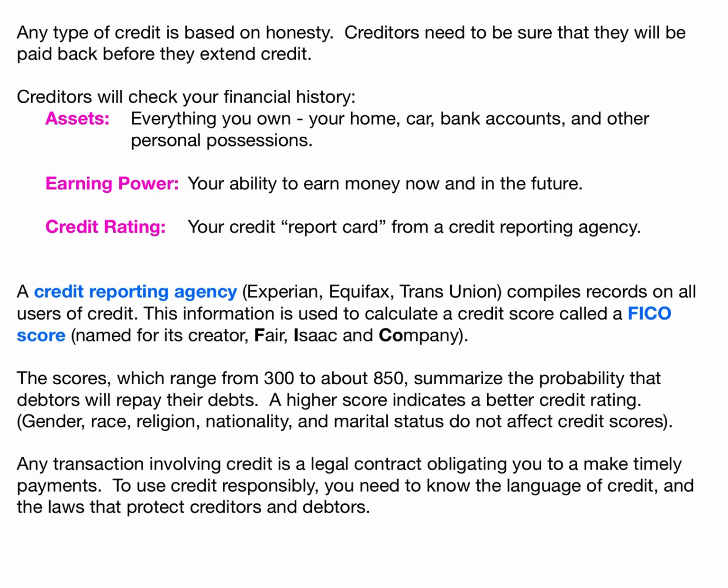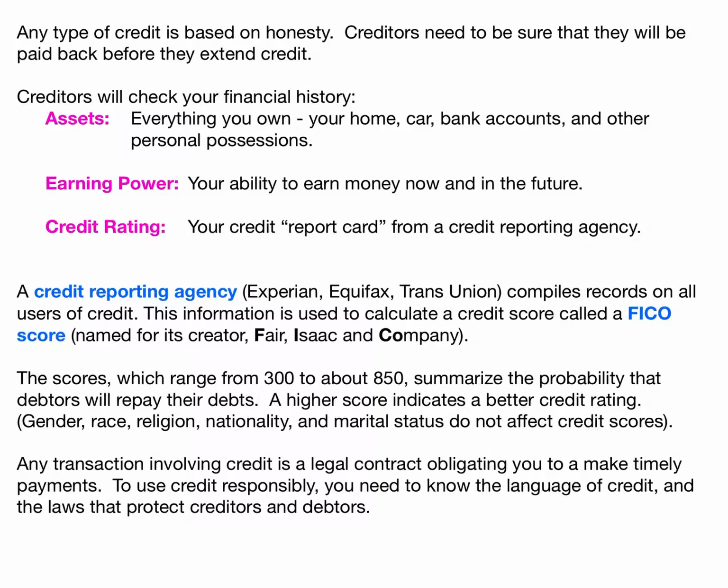And then there's also the credit rating, which is your credit score or your credit report card that is issued by a credit reporting agency. There are three major credit reporting agencies in the United States. They are Experian, Equifax, and TransUnion.